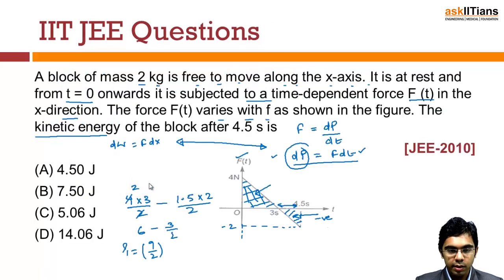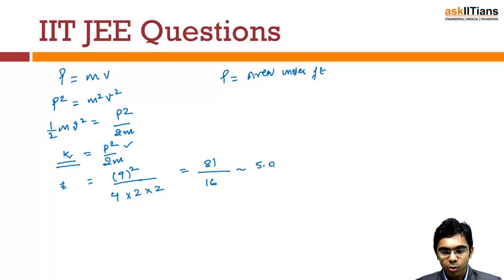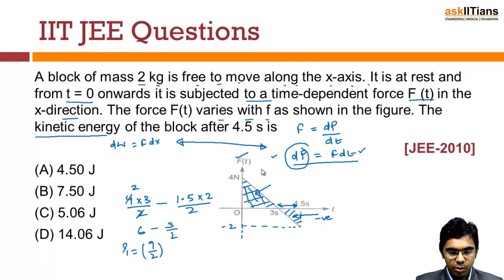Mass is given to us as 2 kg, so let's substitute that too. This comes out to be 81 divided by 16, which is nearly equal to 5.06 something. This is the approximate result. Let's check the options. Therefore, only option C should be correct.